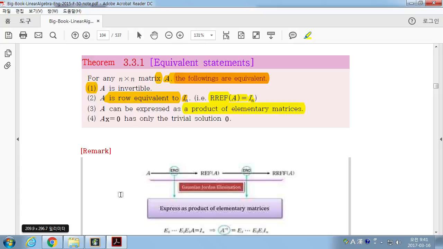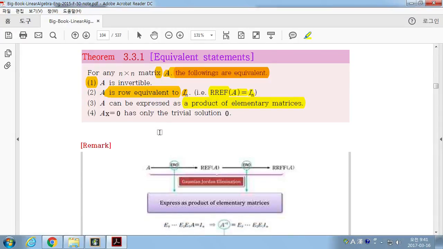Then A is left, equal to the product of the inverses of the elementary matrices, which are also elementary matrices, because as you saw, the inverse of an elementary matrix was another elementary matrix.